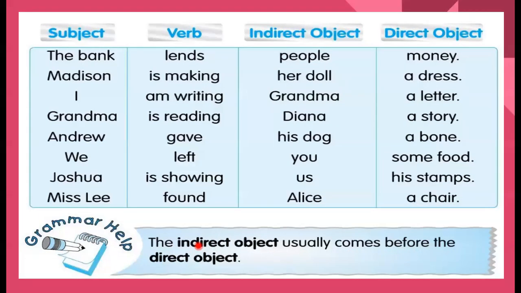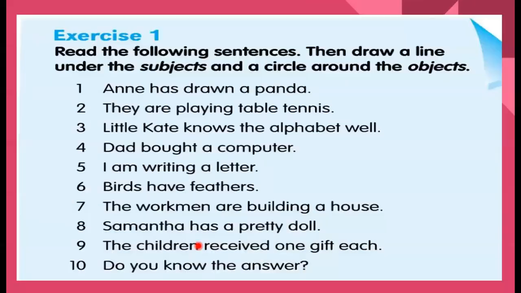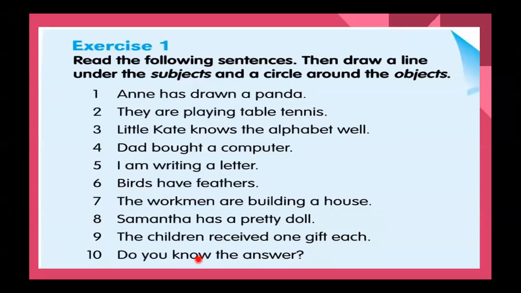All right. So let's solve the exercise now. Then we will be able to understand. Exercise 1. Read the following sentences, then draw a line under the subjects and circle around the objects.